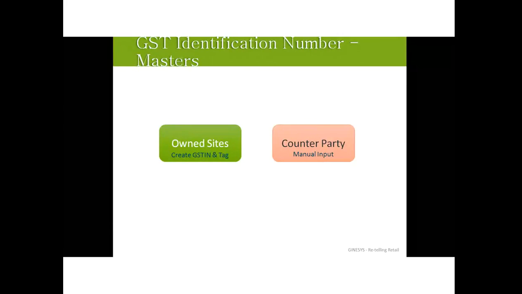You'll have to create that in the system first and then tag it to the own stores or warehouses. Post doing this, you'll have to gather and populate party GST registration details as well. So now let's see how we first create the GST identification number and tag it to the organization sites.